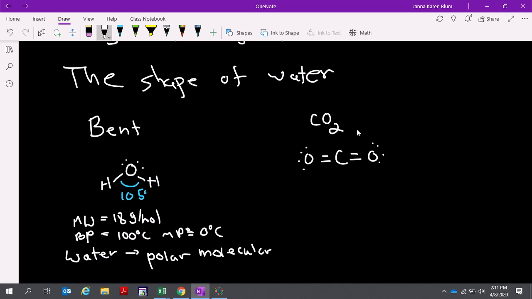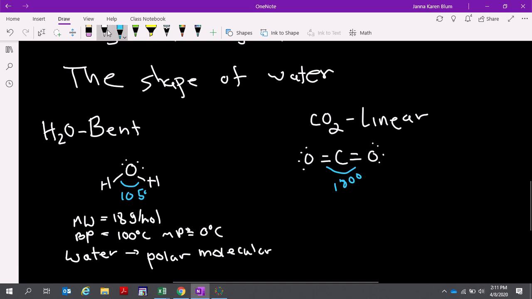And carbon dioxide happens to form a linear geometry. So I'm going to write H2O. It's bent over here. And because CO2 is linear, it has 180 degrees.